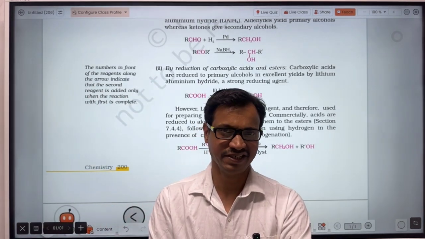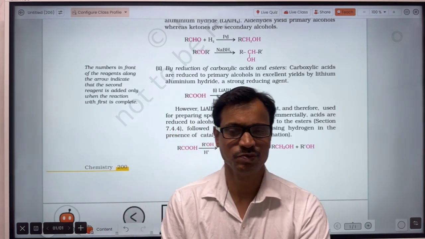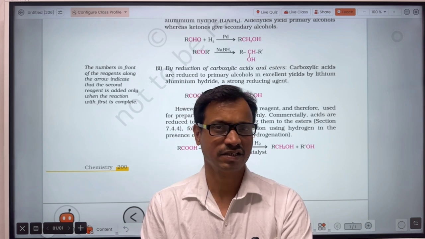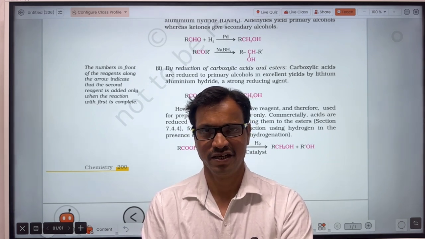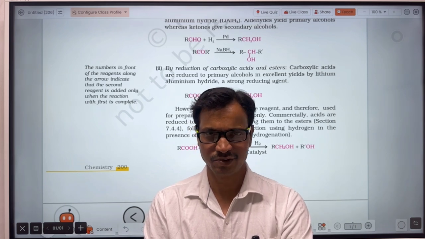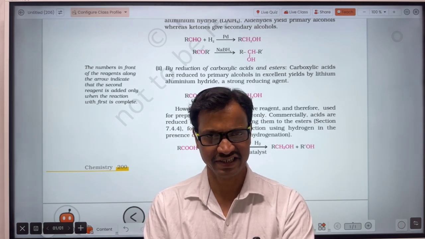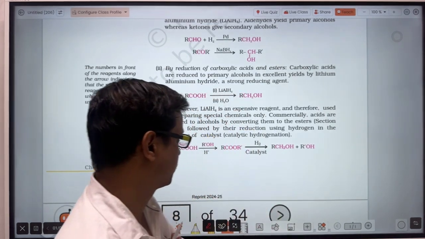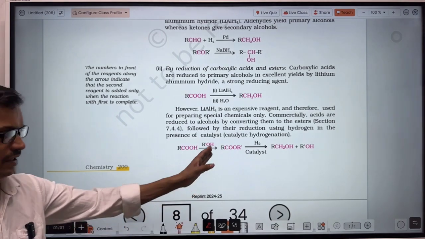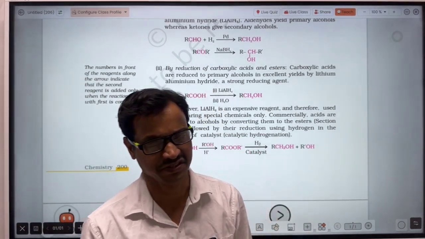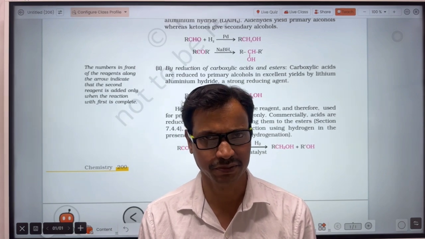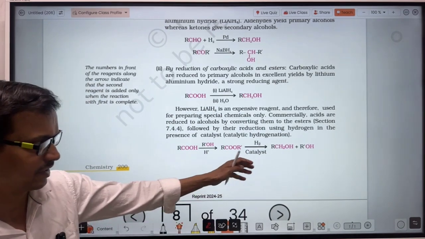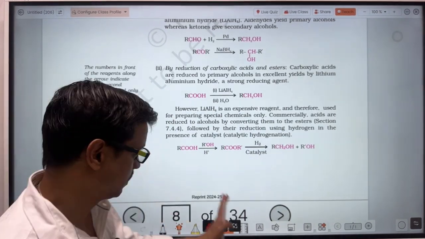Since it is costly, to prepare the alcohol from carboxylic acid, firstly the carboxylic acid is converted into ester by reacting it with alcohol. Then the ester so formed is hydrogenated: hydrogen gas is passed through the ester, and there will be formation of alcohol, 2 moles of alcohol. How? Let's see here.